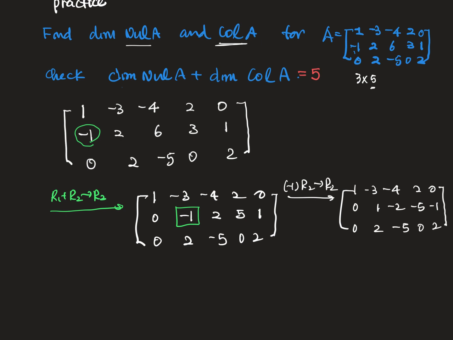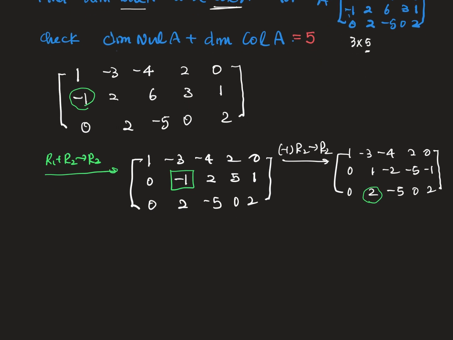Okay, so you have this one. This entry should be 0, right? So what kind of operation do you need? I'm going to do two things together, so that this one should be 0. So 3 times R2 plus R1 goes to R1, and negative 2 times R2 plus R3 goes to R3.